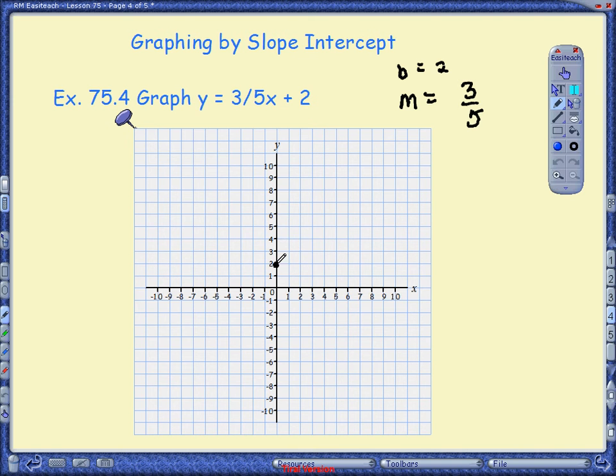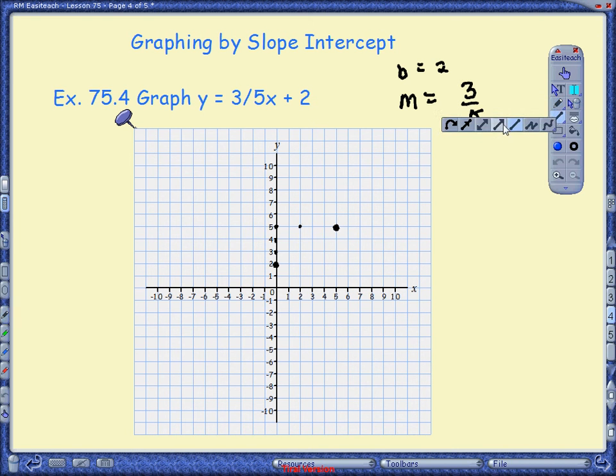And if it's positive, from this point we graphed at b, we're going to count up 1, 2, 3 spaces, and then we always go to the right the same number of places as the run. So there's up 3 and to the right 5.